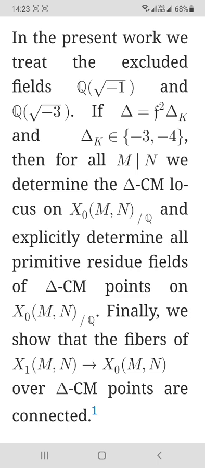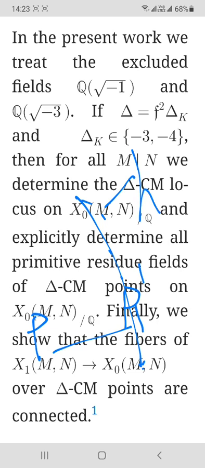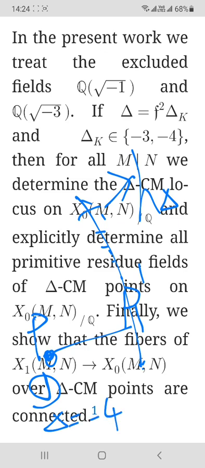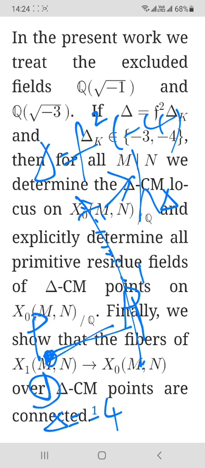So this is a pathway from P to P prime. The number of points is H(delta), and the original point is one point, where delta K is equal to -4 and delta is equal to f squared times -4. And S0(m,n) means multiple pairs of P to P prime.